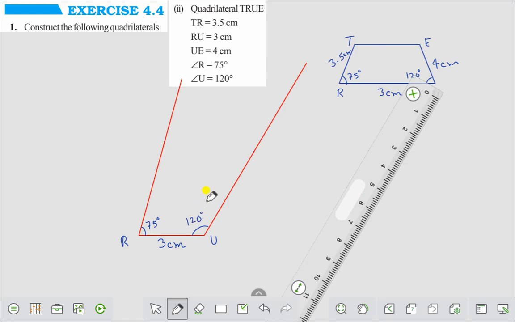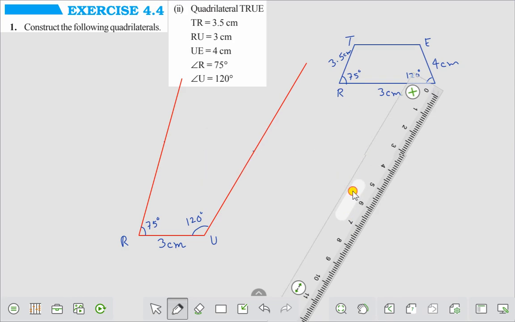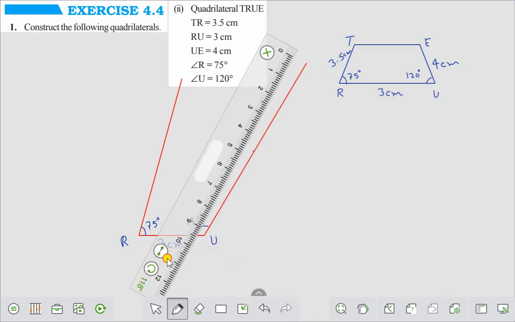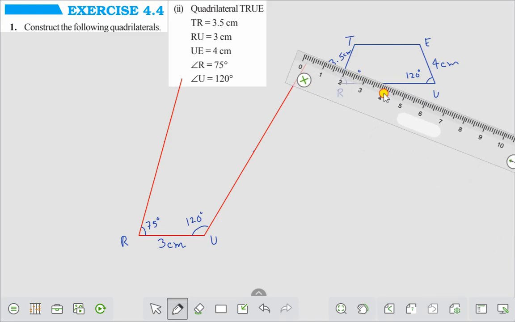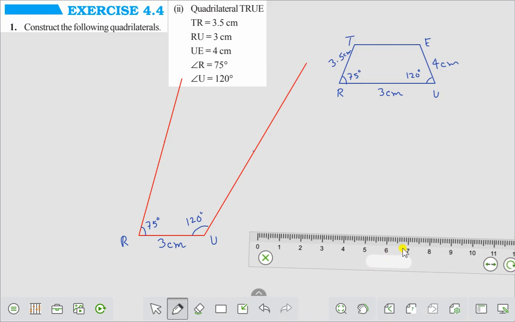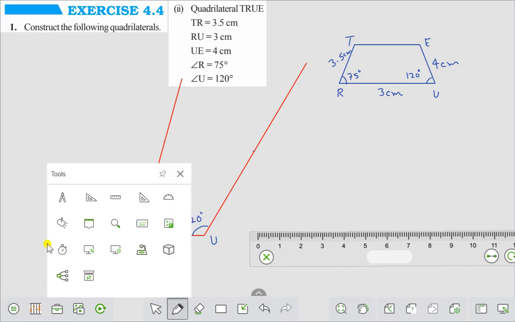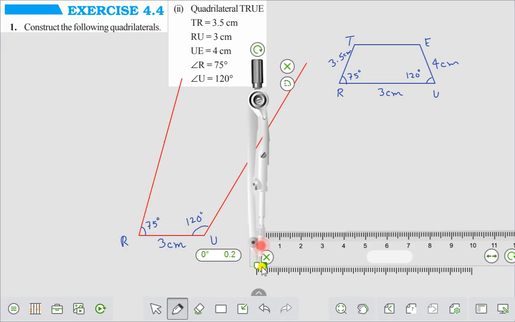Now taking point R, take an arc of 3.5 centimeter to find the point T, with the help of this ruler and compass.